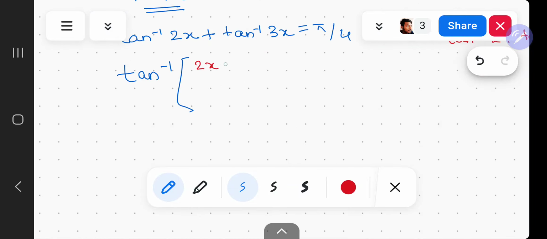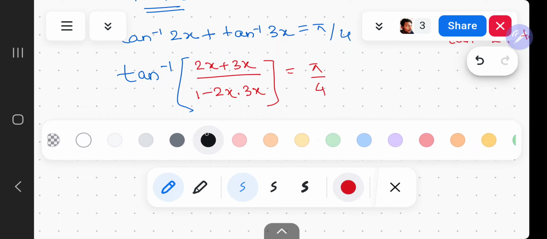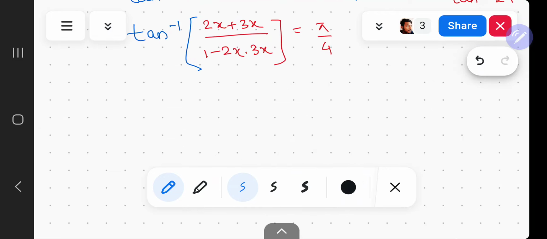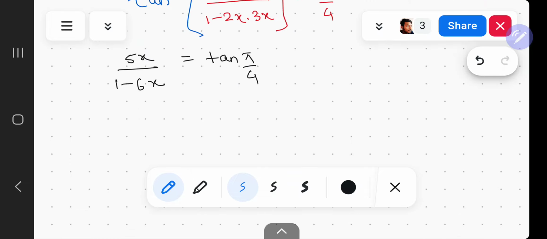So tan inverse 2x plus 3x over 1 minus 2x multiplied by 3x is equal to pi by 4. And now in the next step, we'll transfer the tan inverse to the other side. So we'll have 5x over 1 minus 6x is equal to tan pi by 4, which is 1.